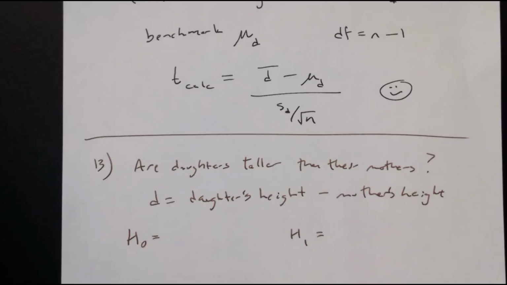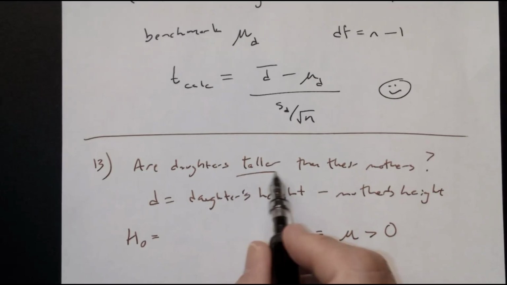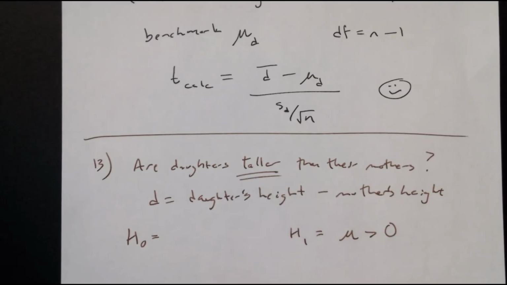That's my alternate hypothesis, that on average we get a positive number because of this word right here. Now, this is the average for the differences, so I'm going to write mu sub d, as we see in the formula above. My null hypothesis is, no, there's really no difference. Either the daughters are not taller or the daughters are even a little shorter. This is a one-tail test. Since my alternate shows that this is a positive, I'm saying this is a right tail test.